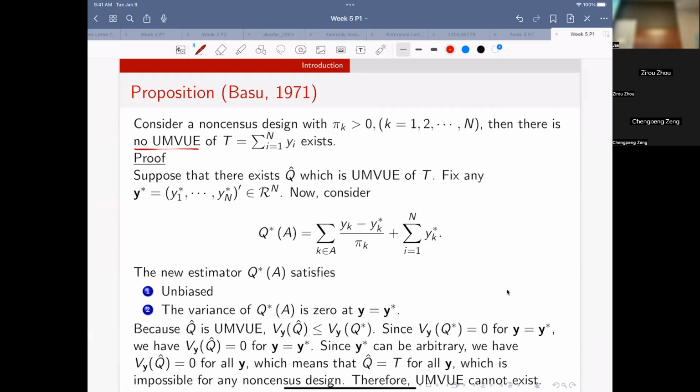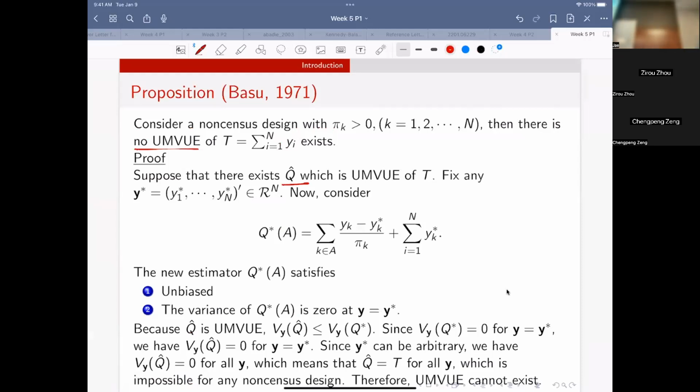So how do we prove it? How do we usually prove non-existence? The usual technique is to assume there exists a UMVUE and show that it leads to a contradiction. That's the usual idea.